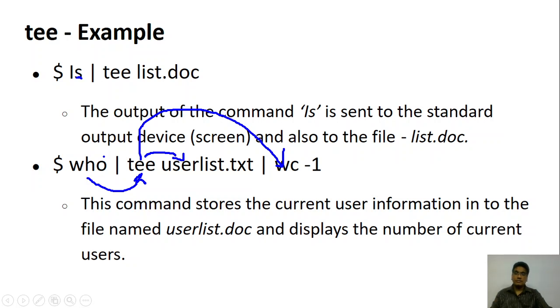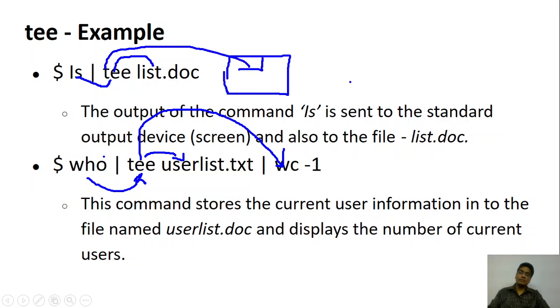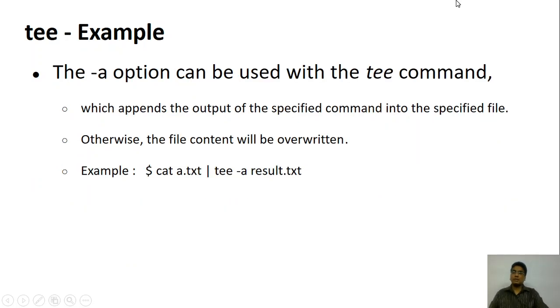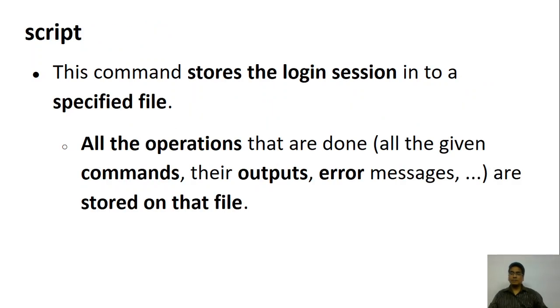Here the ls command is sent to tee, one goes to this one, and the other will be shown on the screen. If you don't have any other command, it will come onto your screen. So simple as that. You can also use the minus a option if you want to append. Minus a is to append. You know the meaning of append? Add at the end.